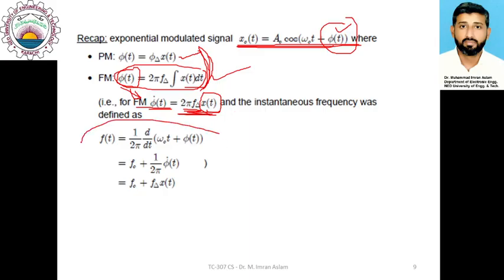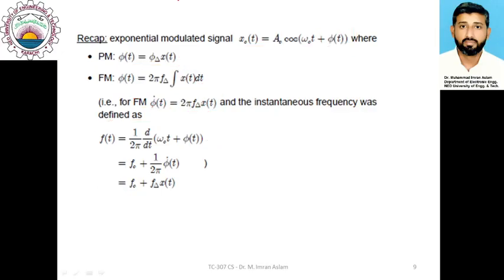This is one of the important points. Detection of phase in phase modulation and FM become similar from this perspective, because if we have detected the phase, we can pass it through a differentiator to get the message signal in the case of FM as well.